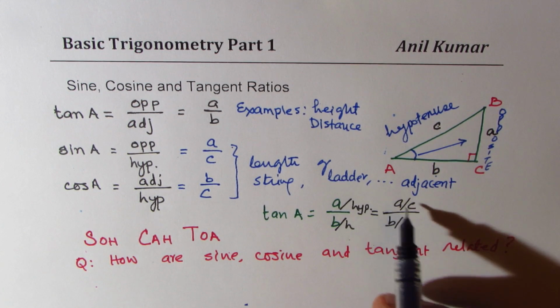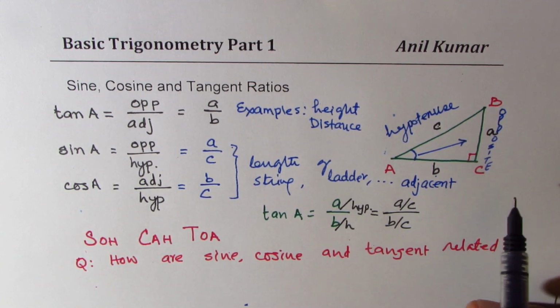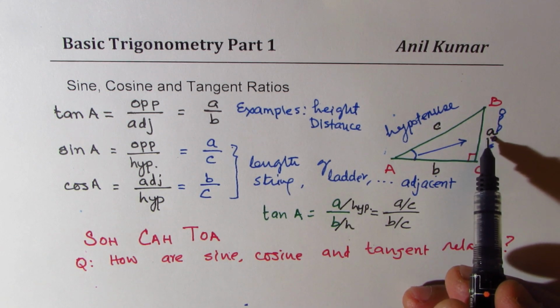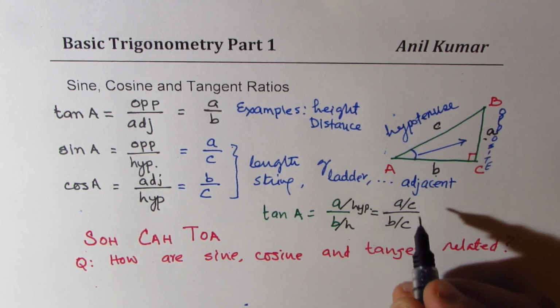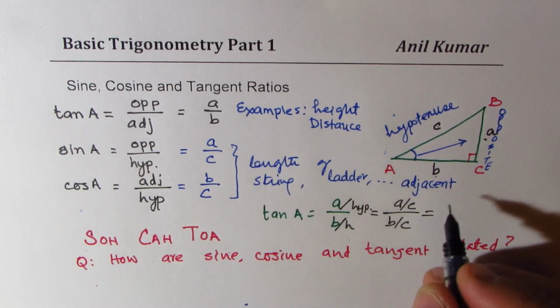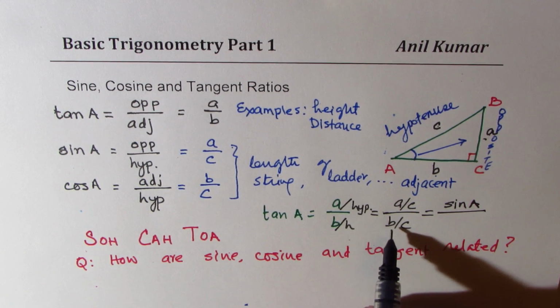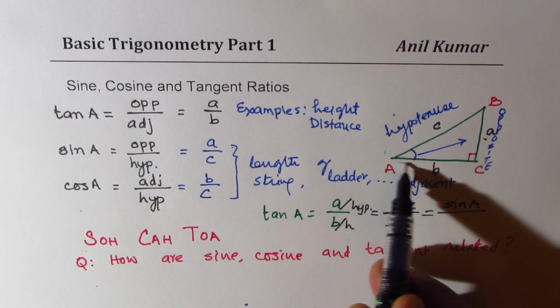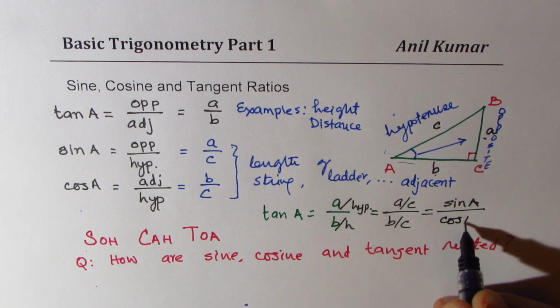Hypotenuse is C, so A over C. So what we get here is the opposite side A divided by the hypotenuse is sine of A. So we get this as sine of A, and the denominator is B over C, which is adjacent side over hypotenuse, which is cosine of A.